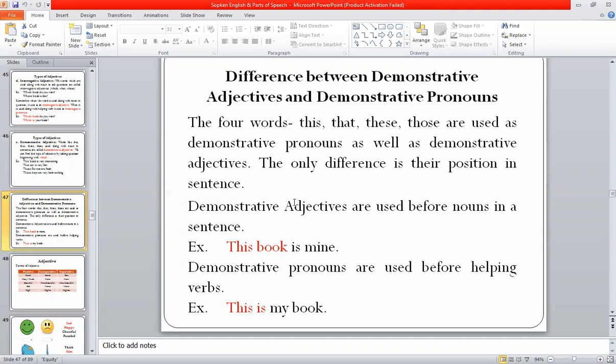So the only difference is their position in the sentence. How to identify them? We have to identify them only by the position where they are situated.